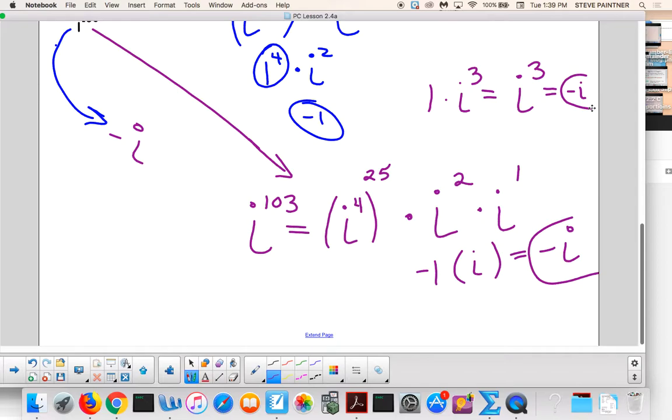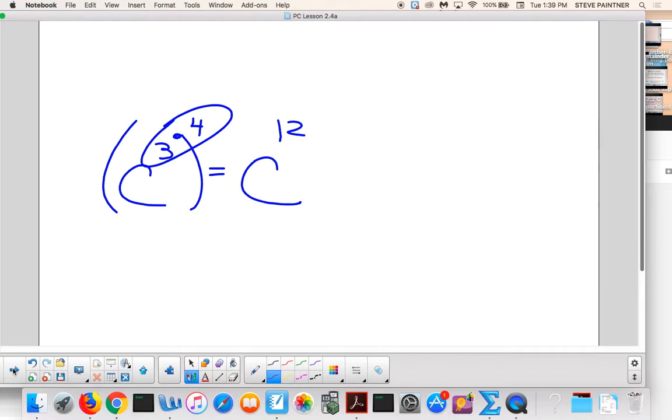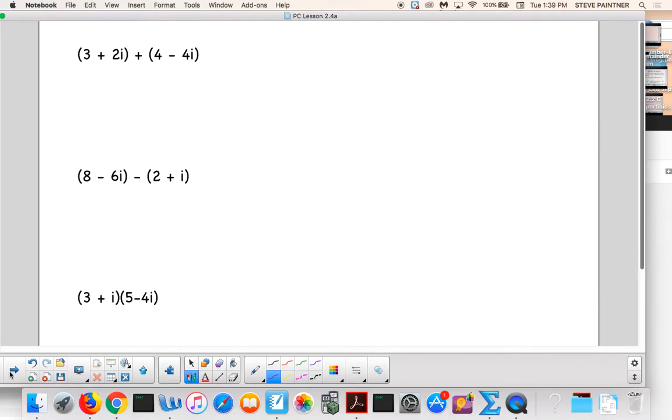Good? Okay. This last slide is simply this. Just do what they tell you to do. Would you please add 2 complex numbers? Would you please subtract 2 complex numbers? Would you please multiply 2 complex numbers? Go.